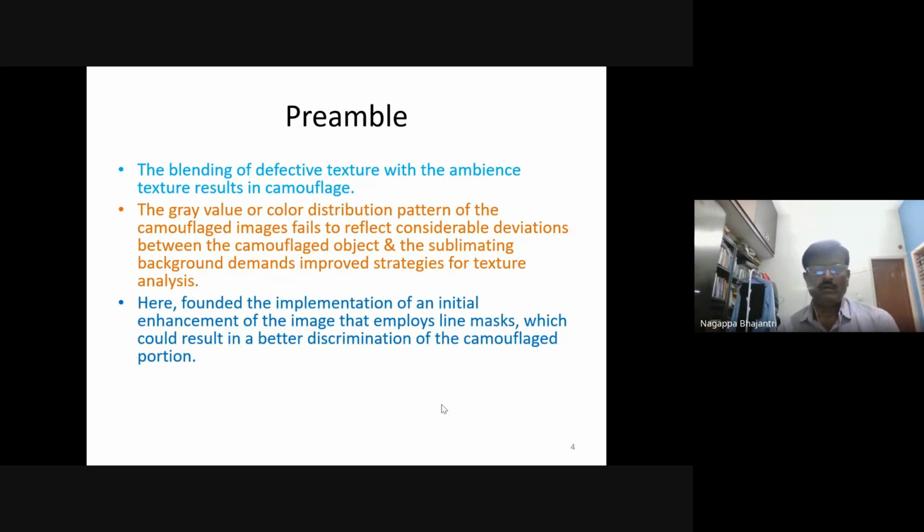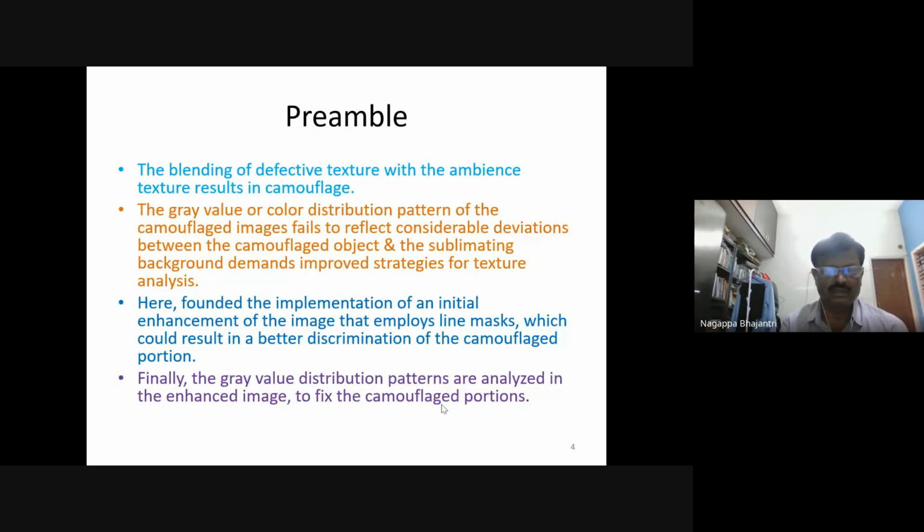Here we have erected an initial enhancement of the image that employs line masks. I will elaborate on the line mask in the subsequent slides, which could result in a better discrimination of the camouflage portion. It is one effort we have made.